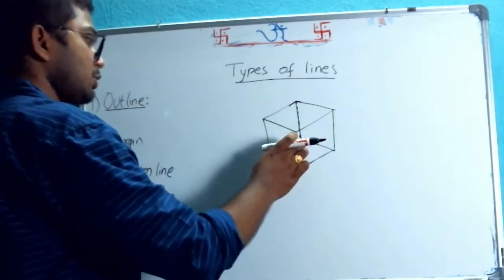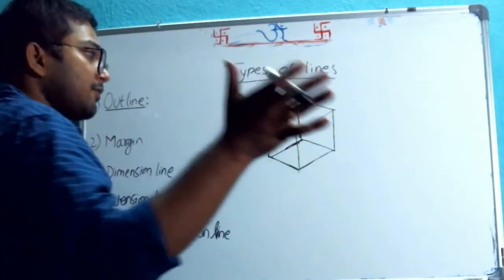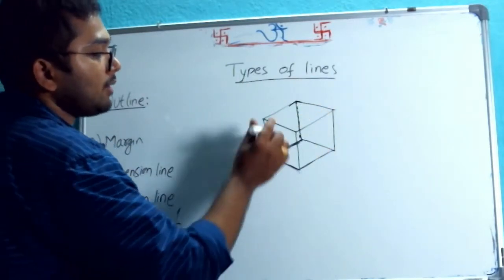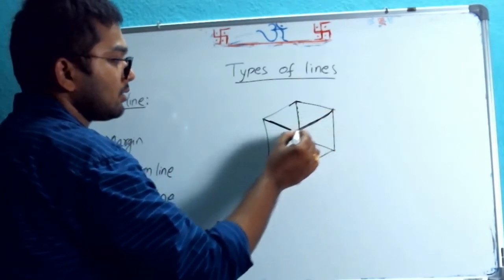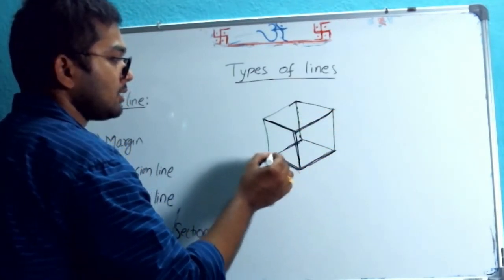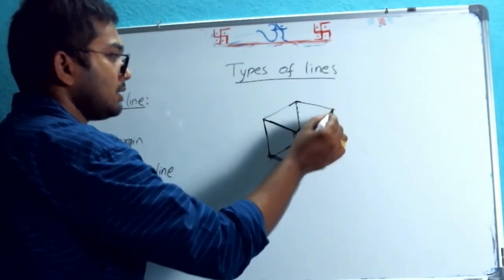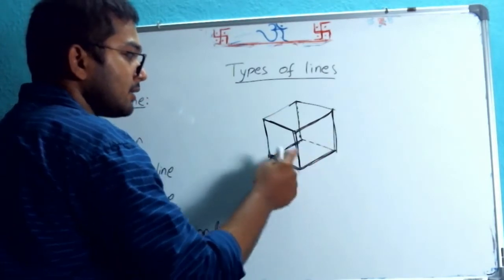But in the engineering drawing perspective, that is actually wrong. Why? Because when you view from the front, you are able to see this line, this edge, this edge, and this edge, this edge, and this edge. You are unable to see these backside lines.